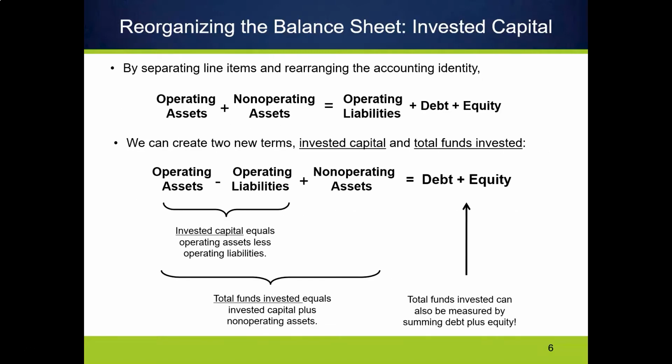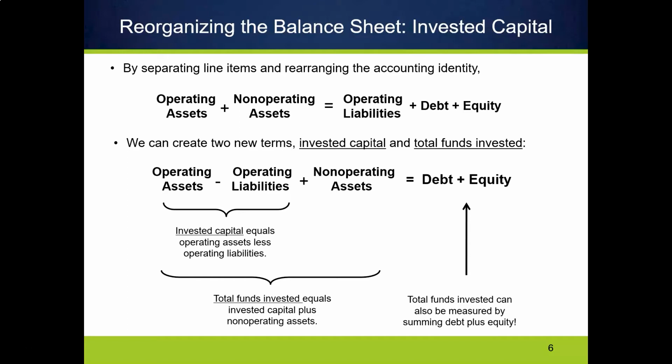And then we can just subtract operating liabilities from the other side, and we can create the terms that we're interested in here. Okay? So operating assets minus operating liabilities, that's what invested capital is equal to. So if you are trying to calculate the firm's invested capital, you need to identify all the operating assets and all the operating liabilities, and then subtract the liabilities from the assets.